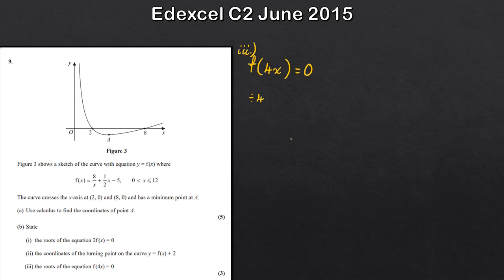Because it's (2, 0), 2 divided by 4 is a half. So my first root is (1/2, 0), which is x equals a half. For the next one, we had originally (8, 0). If we divide the x coordinate by 4, we get (2, 0). So x equals 2.